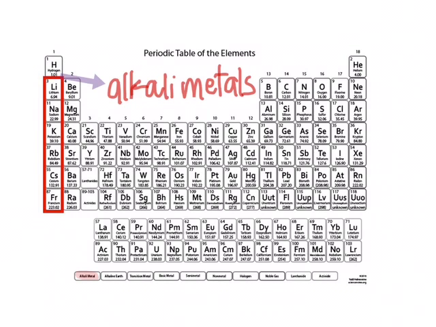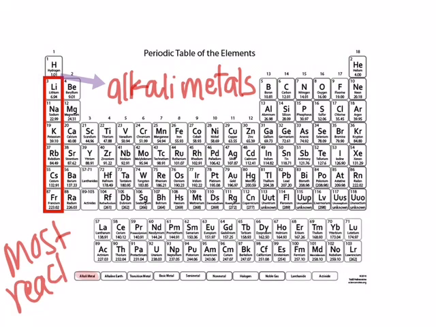So it makes sense that the first family would be called the alkali metals. This is the first column of the periodic table. Elements that are in this family do not include hydrogen, so hydrogen is by itself not part of the alkali metals. This is the most reactive family on the periodic table.